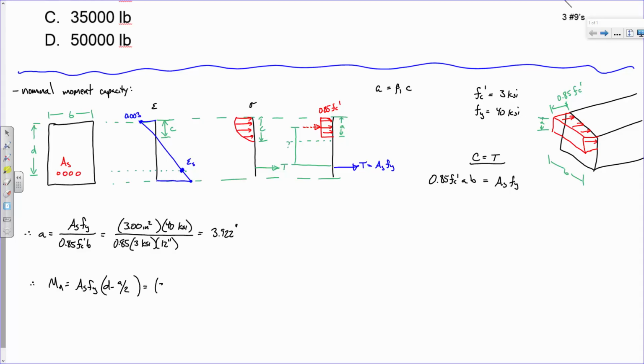So this is 3, 40. What was d? Minus 3.2 inches over 2 equals.